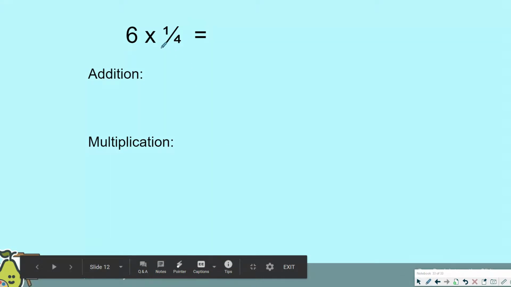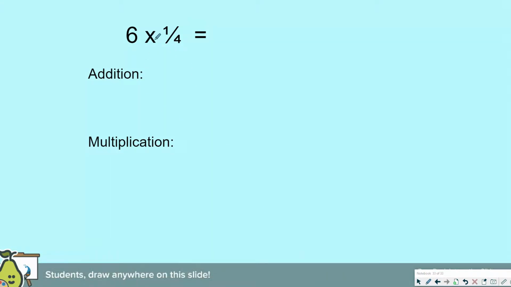So right here, I could show you 6 times a fourth. As multiplication, I can do it 6/1 times 1 over 4. And that's going to equal 6 over 4, because 6 times 1 is 6, and 1 times 4 is 4, because we go straight across. I can show you this as an addition problem, which means I'm going to show you 1/4 6 times.